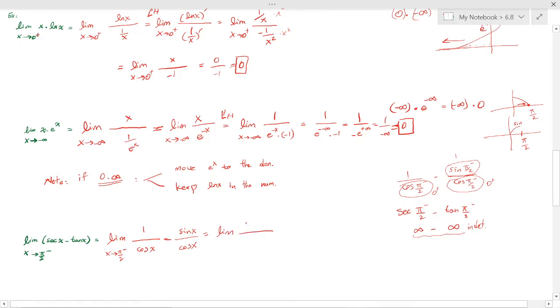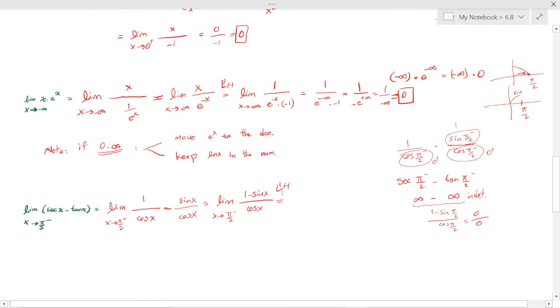So I can write it as 1 minus sine x divided by cosine x, as x approaches pi half from the left. Now if you replace pi half in there, you get 1 minus sine pi half divided by cosine pi half. In this case, you deal with 0 over 0, which means now you can apply the L'Hopital rule.